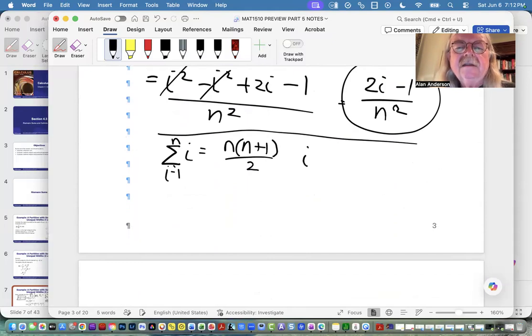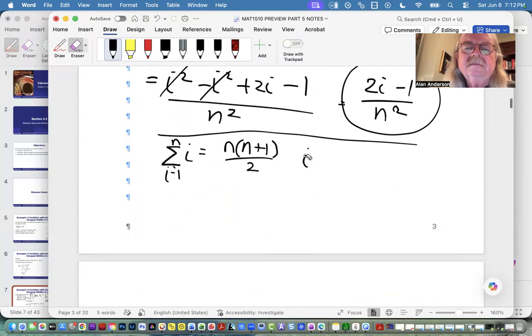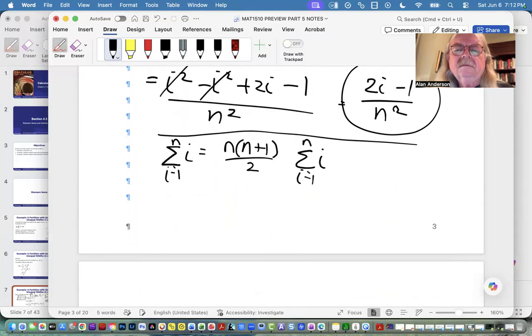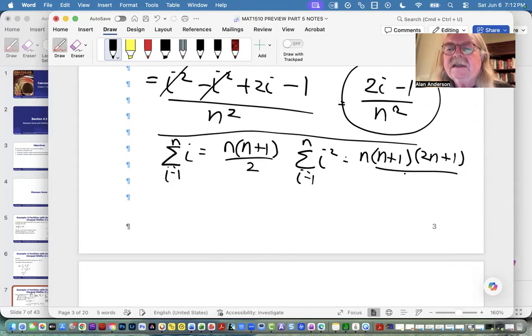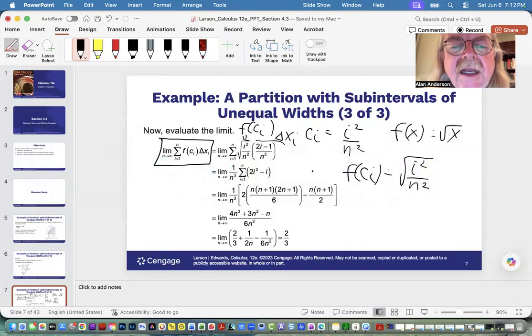And then we do the same thing for i squared. Oh, this one's a little bit messier: n(n+1)(2n+1) all over 6. Now we're going to need that.